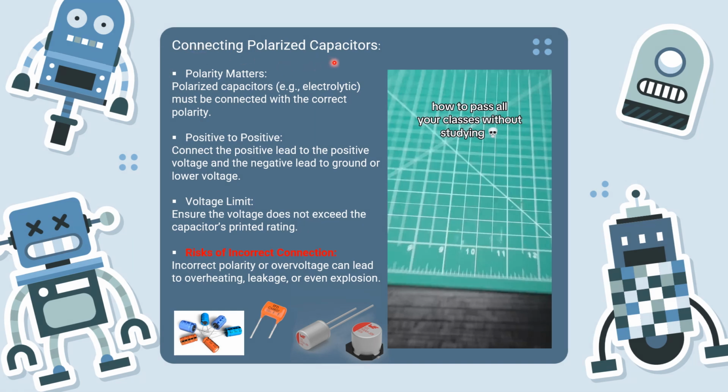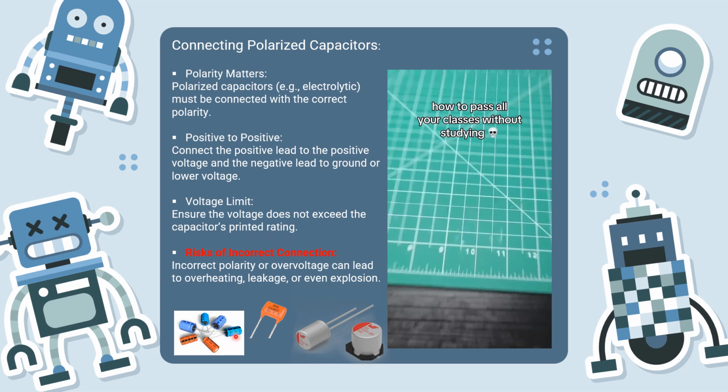Okay, connecting a polarized capacitor is a very important thing. You have to put your capacitor in the right direction in the circuit, so positive to positive and negative to negative. And for the voltage limit, you should ensure the voltage does not exceed the capacitor's printed rating.